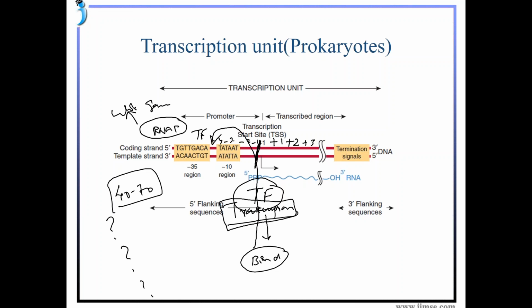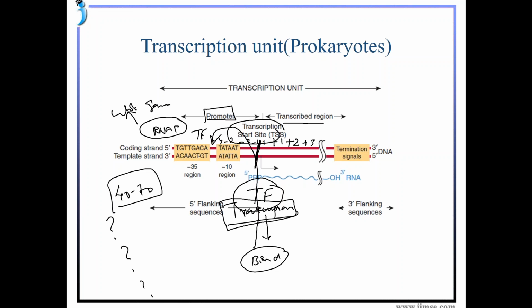So where to start, where to end. The +1 site is called the transcription start site. The downstream is called the transcribed region, which is where your mRNA is actually synthesized, and the upstream, above, where the regulation is happening, is called the promoter region. In prokaryotes, there is either the TATA sequence or the TTGACA sequence.